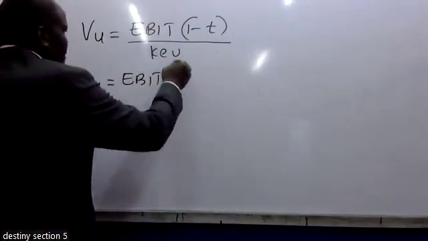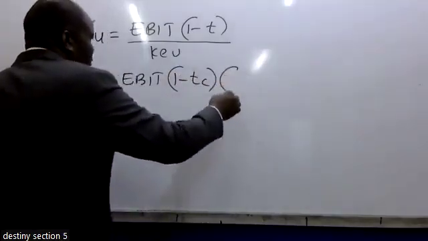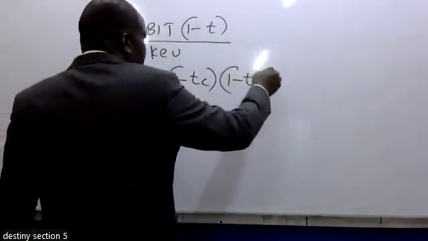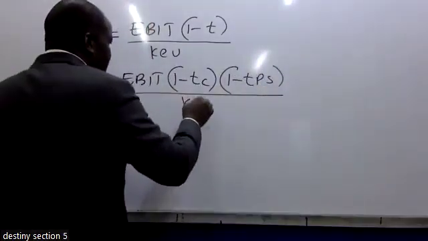Then 1 minus the corporate tax. Then also 1 minus, and I'll be explaining what each one of them stands for.